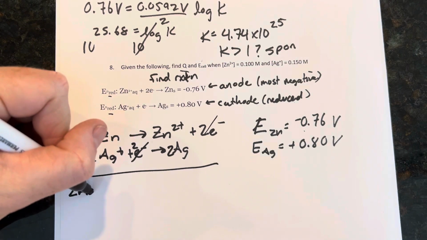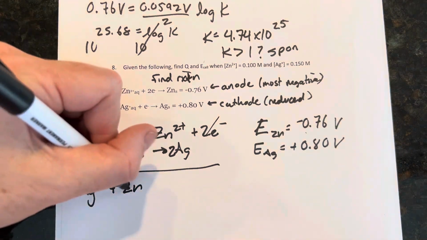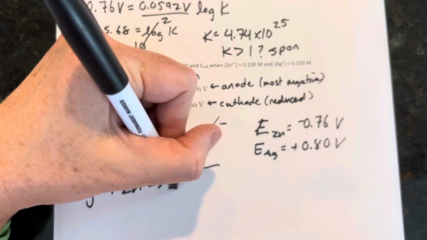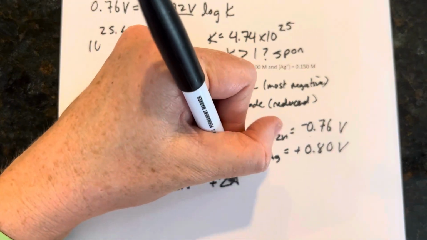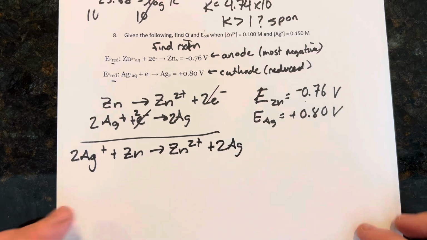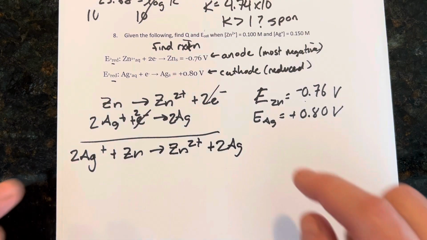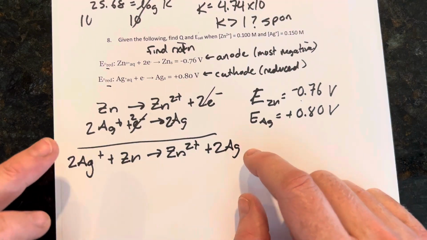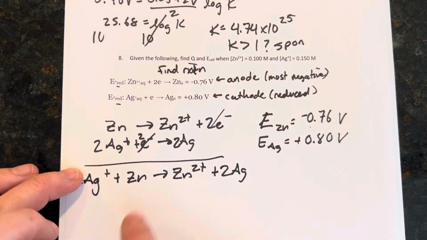Now we have 2 silver ions plus a zinc, yielding the zinc ion plus 2 silvers. All right, so this is our reaction. Now we can go back and look at the concentrations that it talks about. We're not worried about the solids.